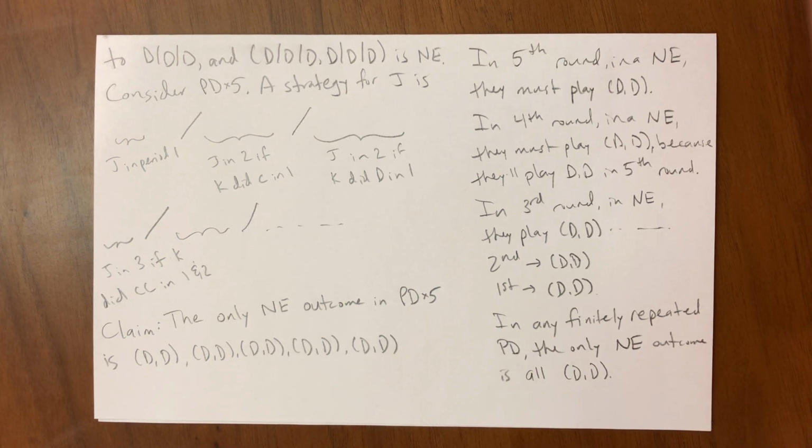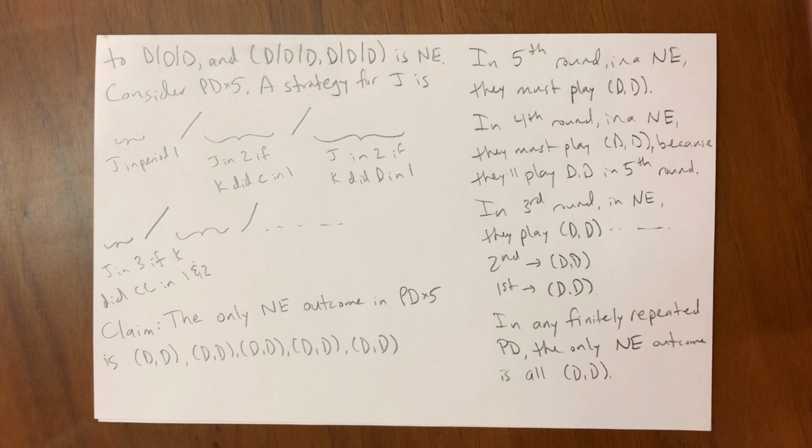So you can sort of see where we're headed. There's maybe a little bit of foreshadowing right here where we say, in any finitely repeated prisoner's dilemma. Notice that the whole reason this fell apart is because we had a last period, right?